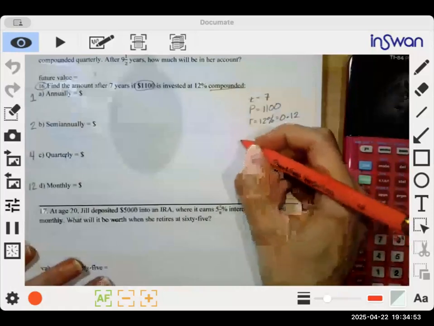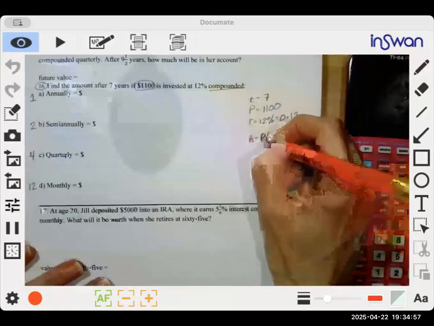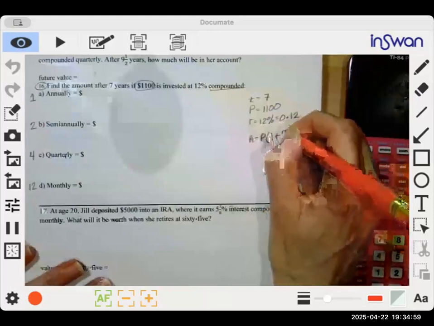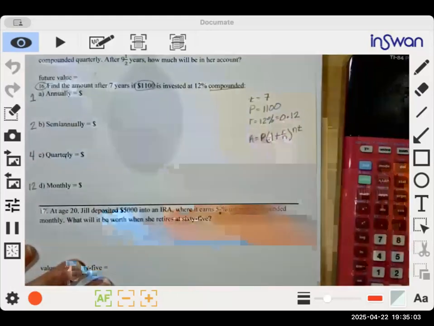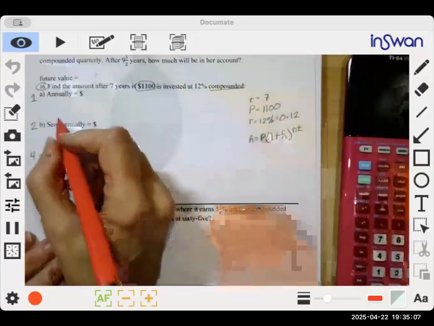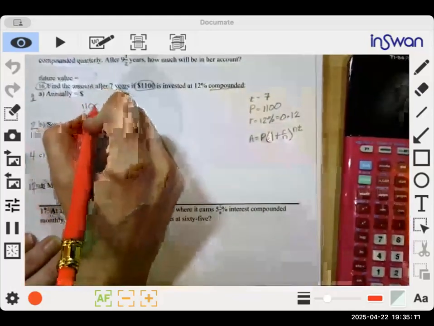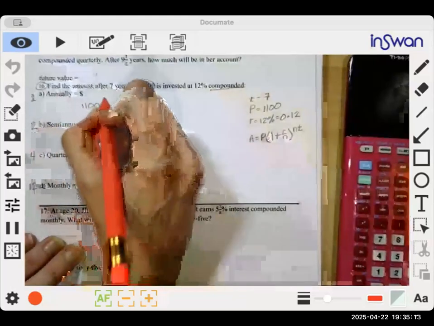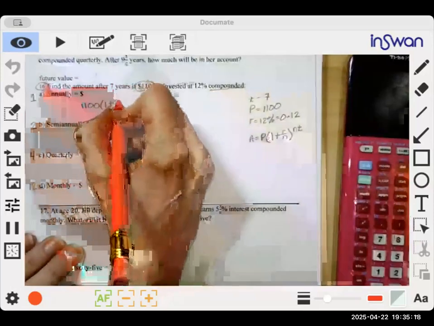So we're using A equals P times (1 plus R over N) to the NT. Okay, our principal is 1100 times parenthesis 1 plus our rate of 0.12.